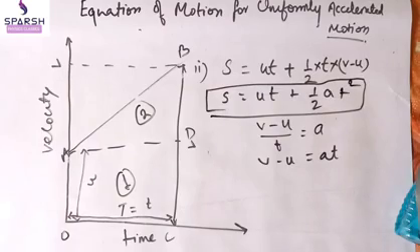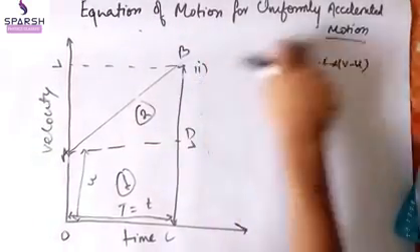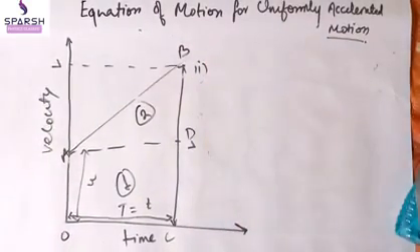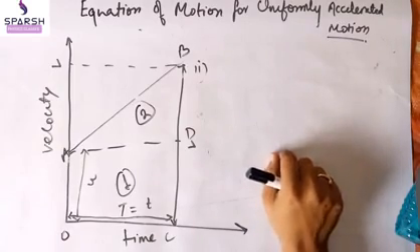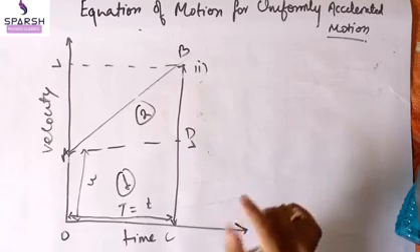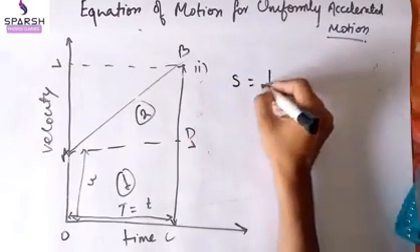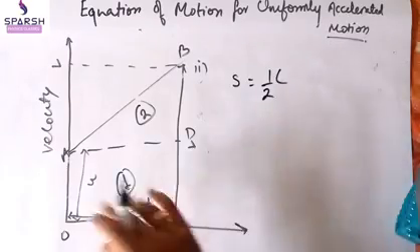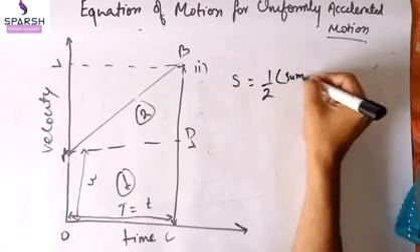Now we are moving to the third equation of motion. Pause the video and note down. For the third equation of motion, we have to find the area of this trapezium again, but now we are not going to divide the figure, we just use the formula for the area of a trapezium. So the area of a trapezium is what? Half into sum of parallel sides into perpendicular height.